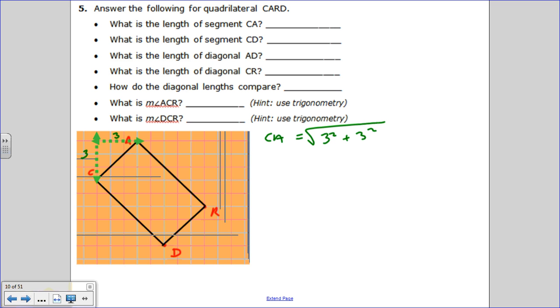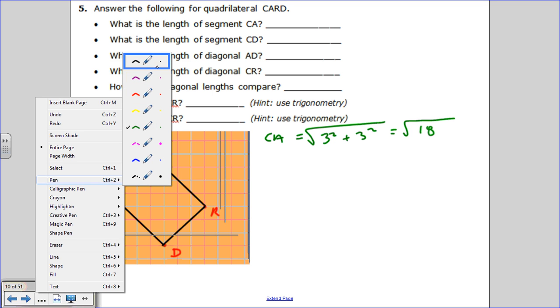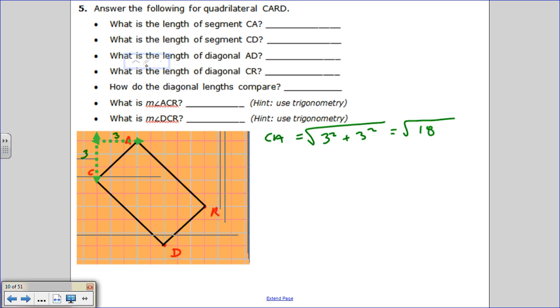So that means it's the square root of 9 plus 9, which is the square root of 18, which you would have to simplify. Branching it off, it'll be 2 times 9, and 9 is 3 times 3. So it would end up being 3 square root of 2.